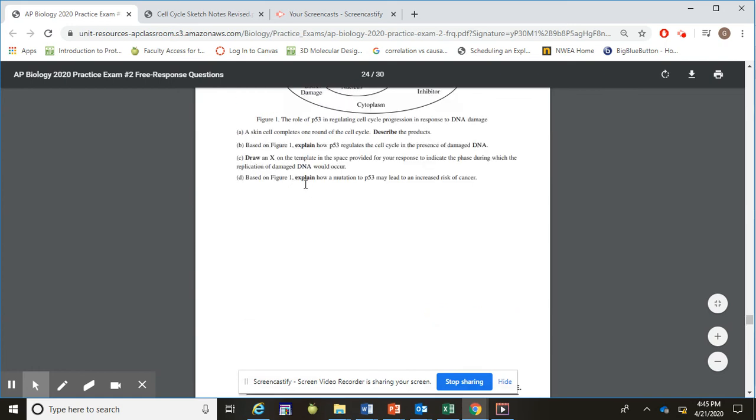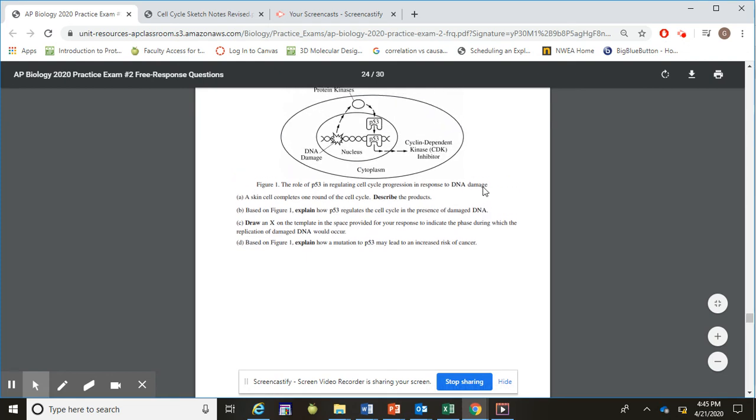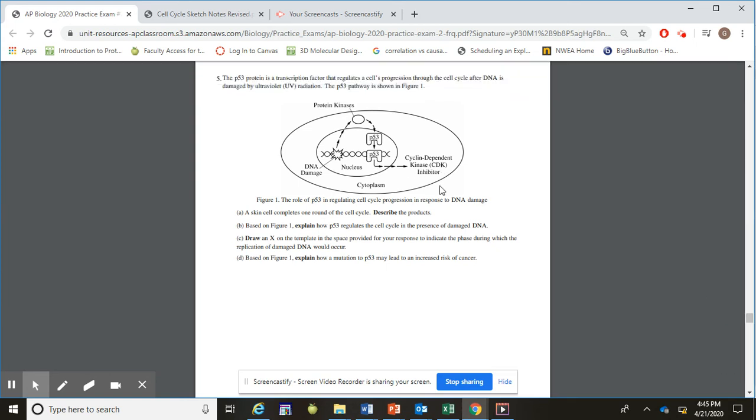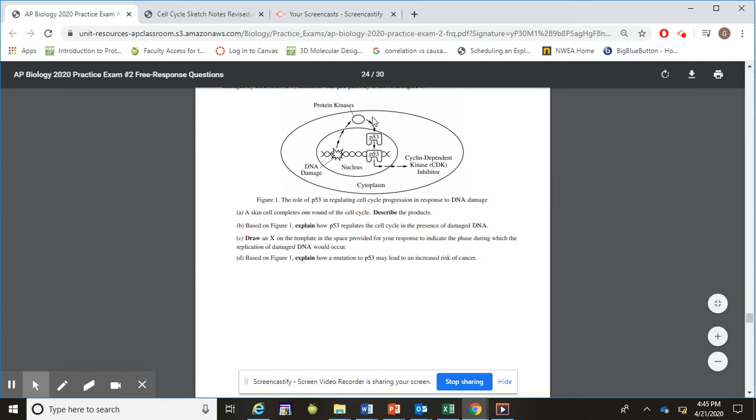And then lastly, based on figure 1, explain how a mutation to p53 may lead to an increased risk of cancer. Well, p53 is going to shut down the cell cycle by inhibiting the cyclin-dependent kinases that help the cell cycle progress. So you have to think, if p53 wasn't working and the cyclin-dependent kinases continued to work and promote the cell to go through the cell cycle, then this DNA would be present in the daughter cells, and we would have damaged DNA going to the daughter cells.